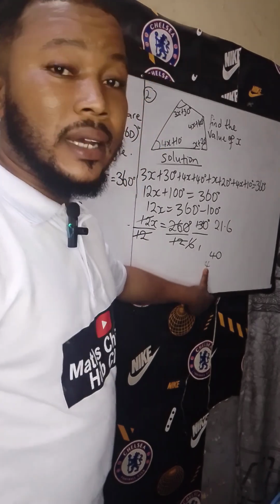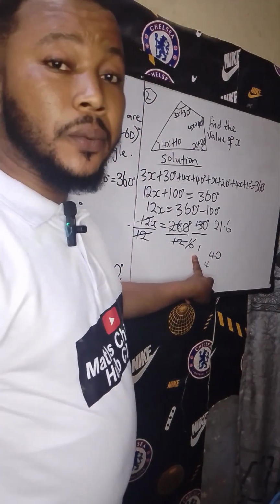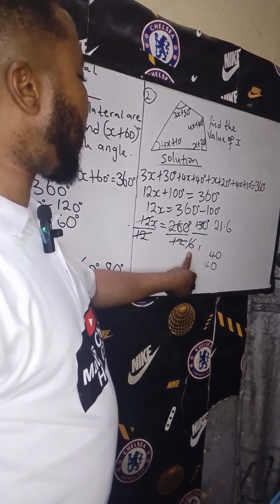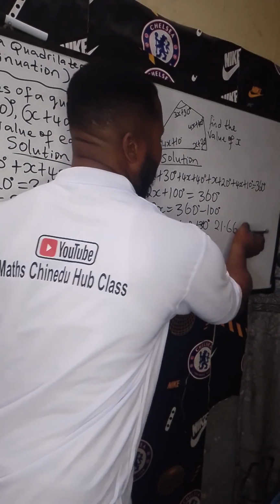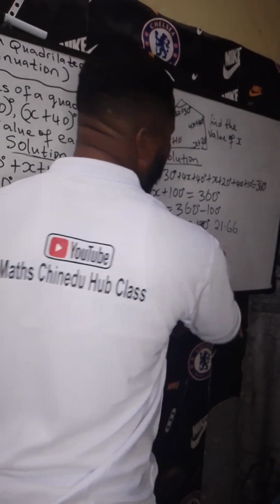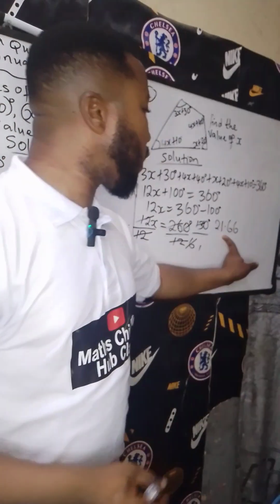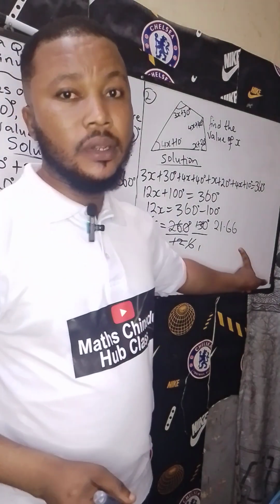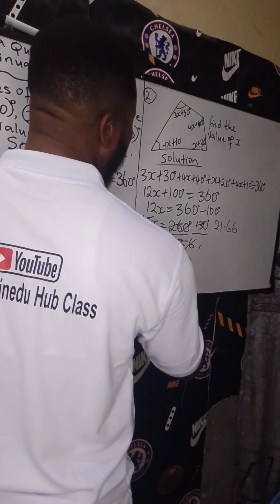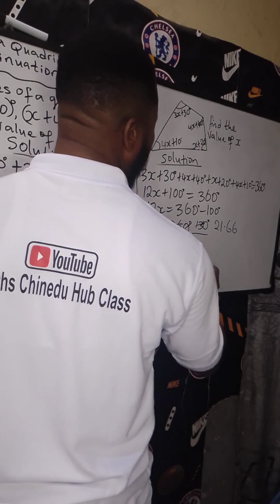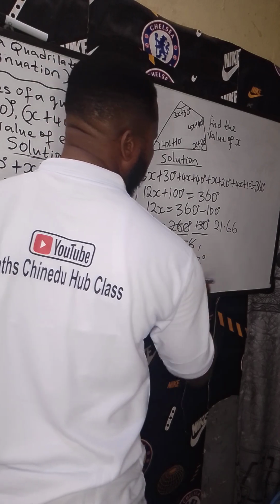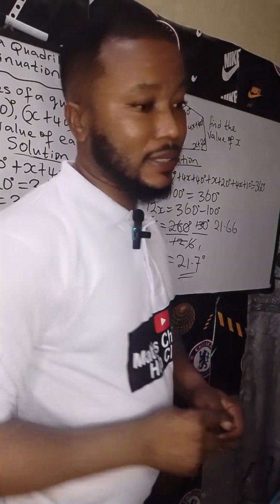We add another 0, which gives us 40, and 40 divided by 6 is another 6. We can continue dividing, or we can leave it in 2 decimal places or 1 decimal place. If it's in 1 decimal place, it will be 21.7. Let's leave it in 1 decimal place. So therefore, the value of x is 21.7 degrees.